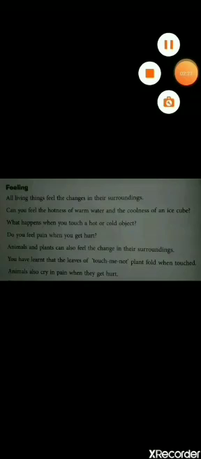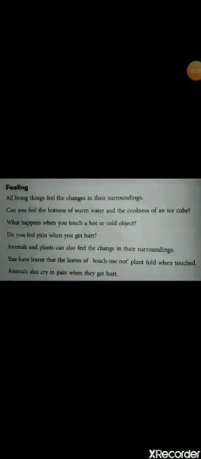A pet dog barks at a stranger and stays friendly with familiar people because it feels safe with familiar people and danger with strangers. Animals also cry in pain when they get hurt.